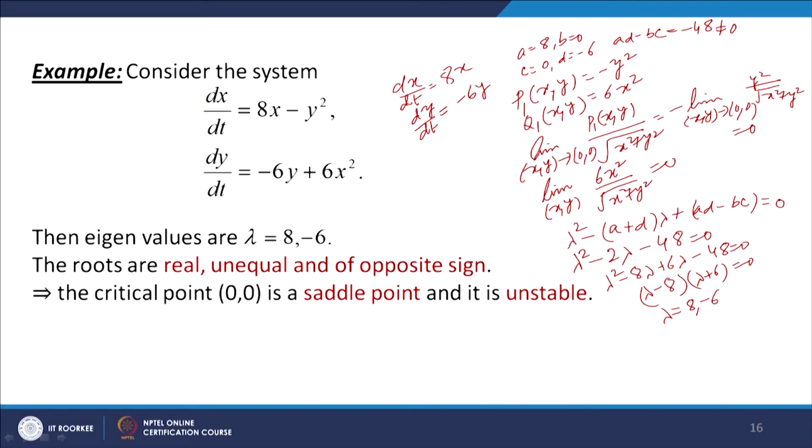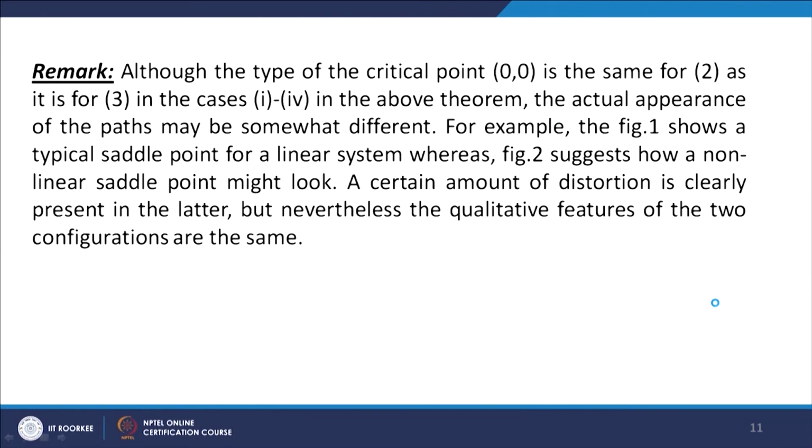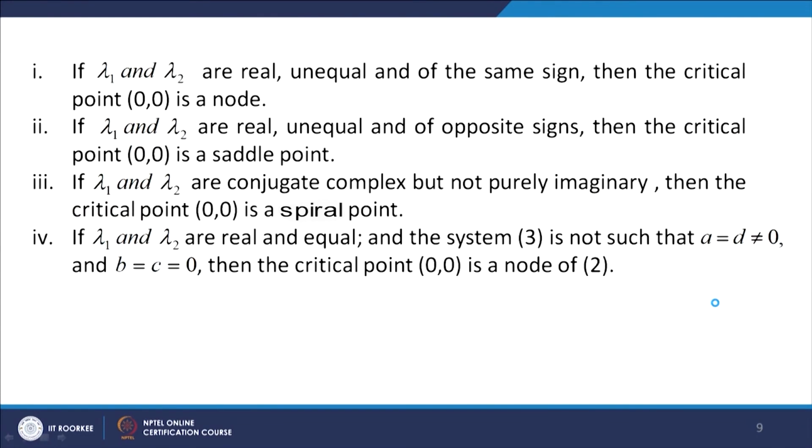Now, the eigenvalues are real, unequal and of opposite sign. So, for the point (0, 0), let us go to the theorem. If lambda 1 and lambda 2 are real, unequal and of opposite signs, then the critical point (0, 0) is a saddle point.